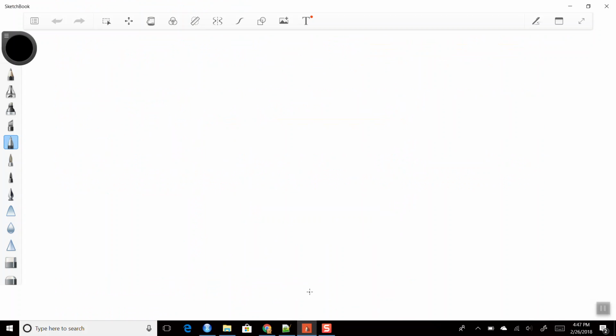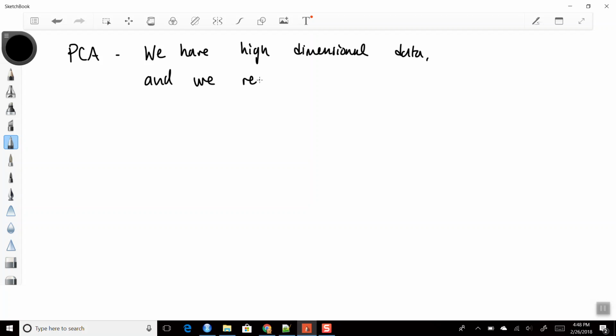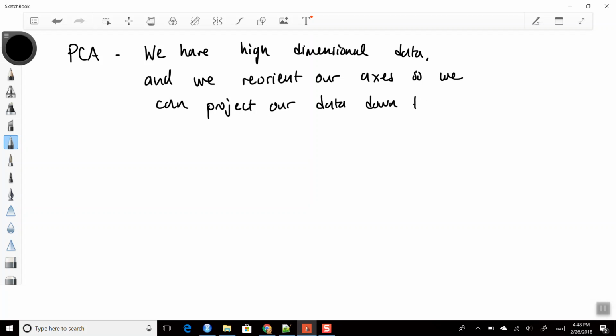Just as a recap, what PCA is: we have high-dimensional data, and we reorient our axes so we can project our data down to fewer dimensions.